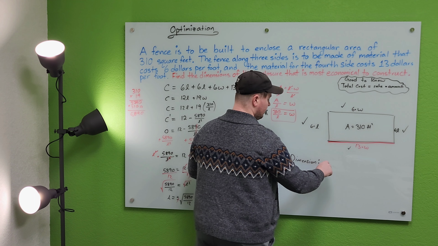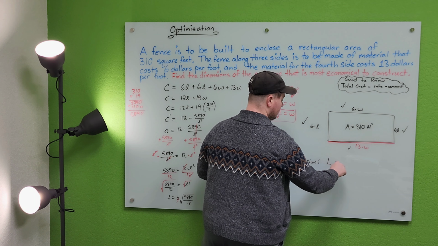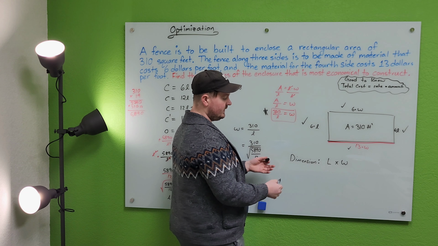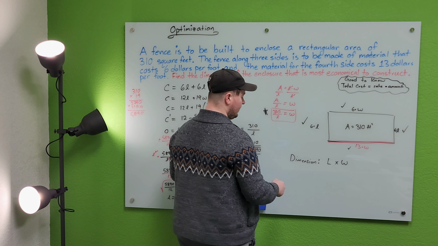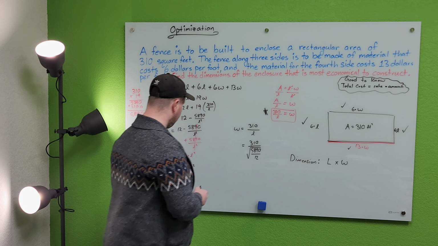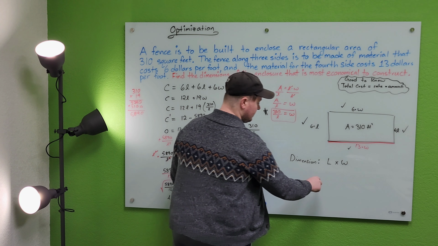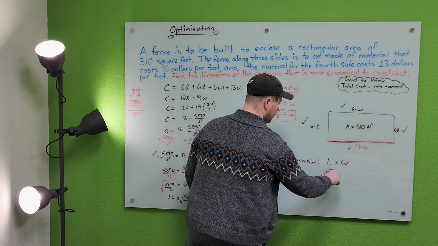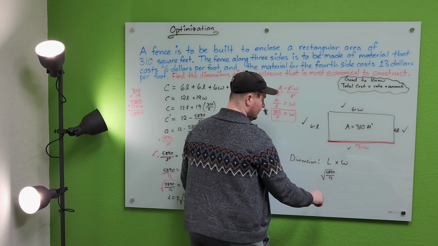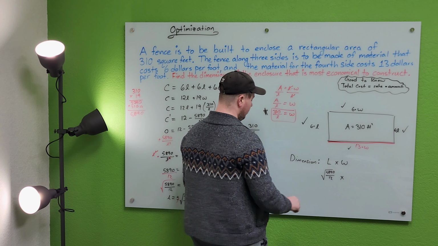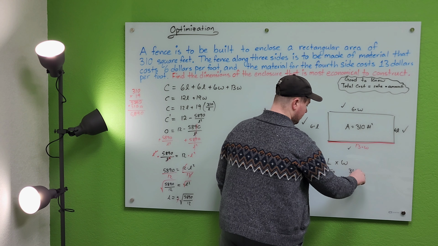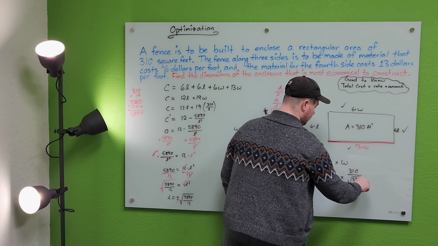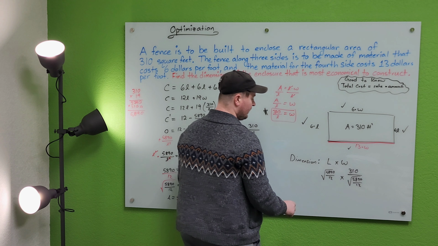What that looks like in general would be length times width. And this would be the length by width, like 10 feet by 20 feet, something of that nature. So what we could say is length here is the square root of 5,890 over 12 by the width would be 310 divided by the square root of 5,890 over 12.